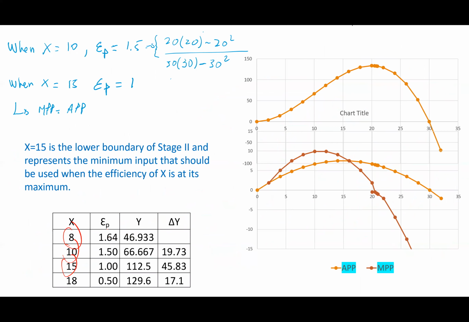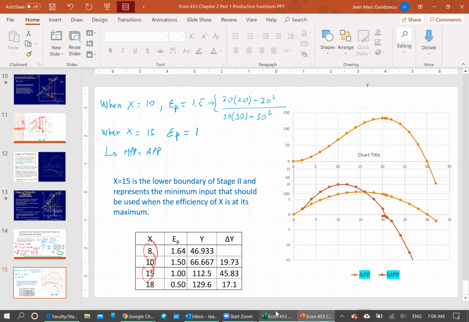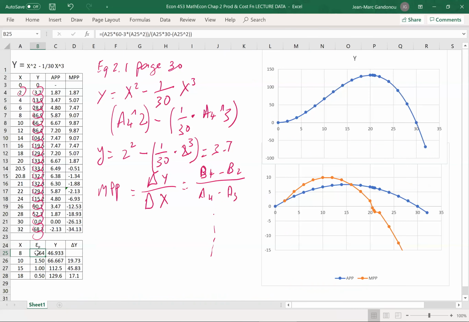So in practical terms, if I go back to my Excel, I think I did it here. This looks a little bit complicated, but I'll change the color for this.